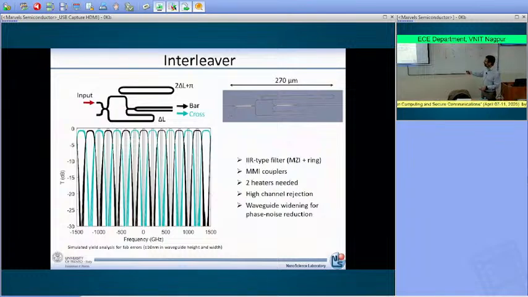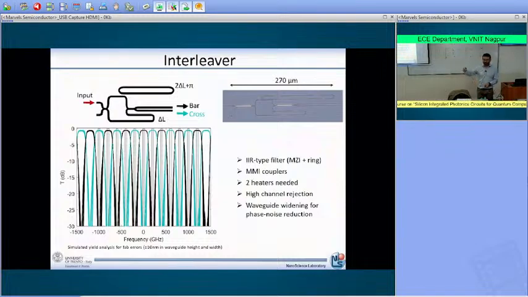And therefore half of the wavelengths go to this channel here, and half of the wavelengths go to the other channel there. The design is done in such a way that, depending on the input wavelength, the light goes to the bar or to the cross direction, okay?